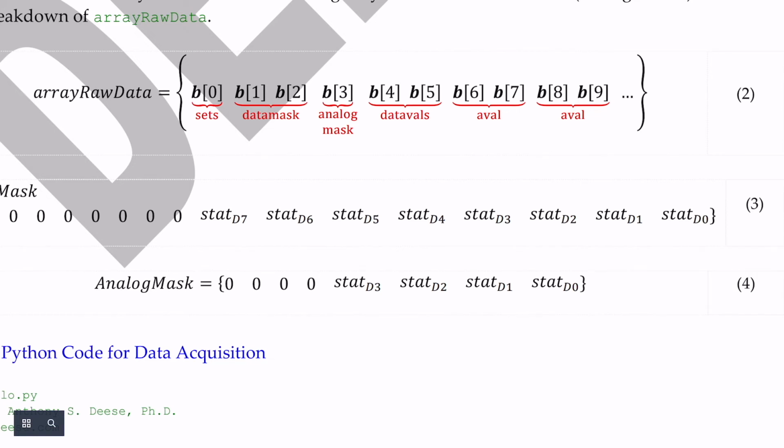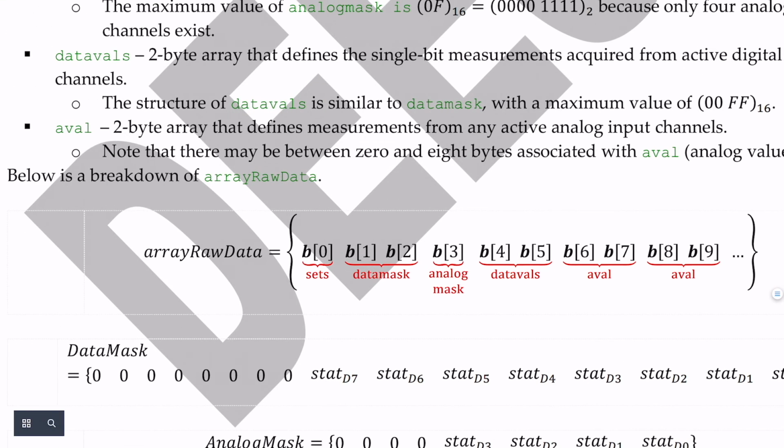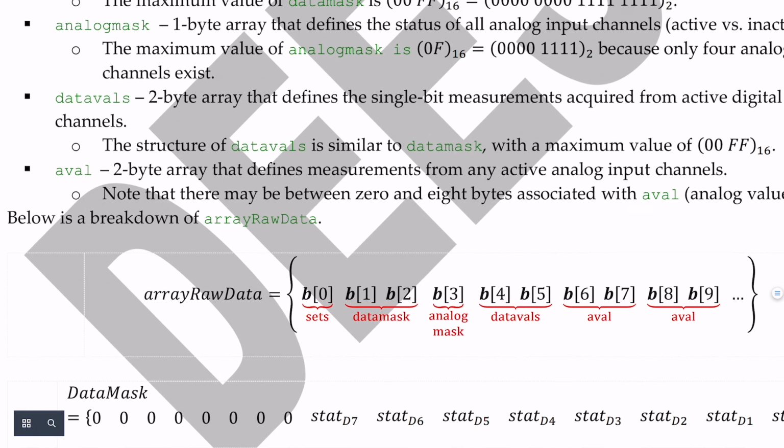Now, this may conflict a little bit with what I had written here, but the data vals frame is not going to be included in here. The reason for that is because we don't have any digital inputs defined.